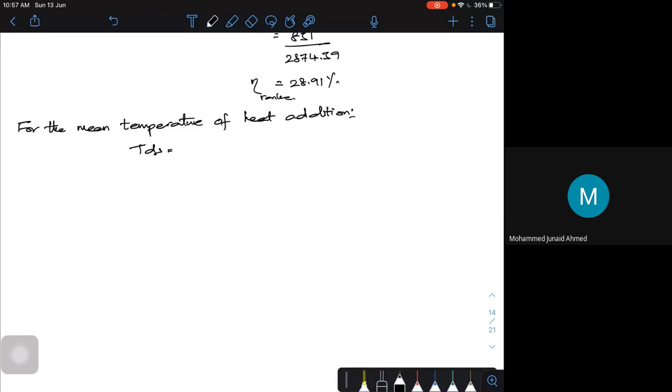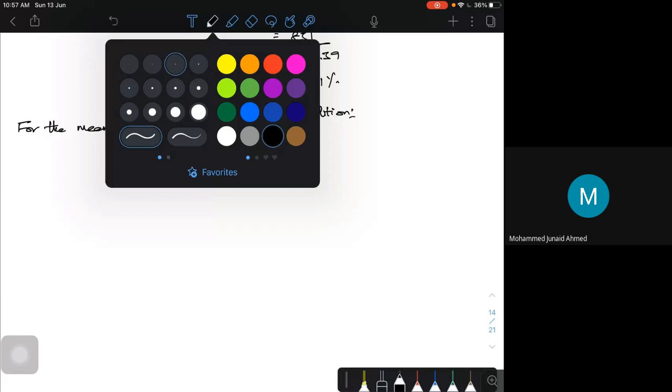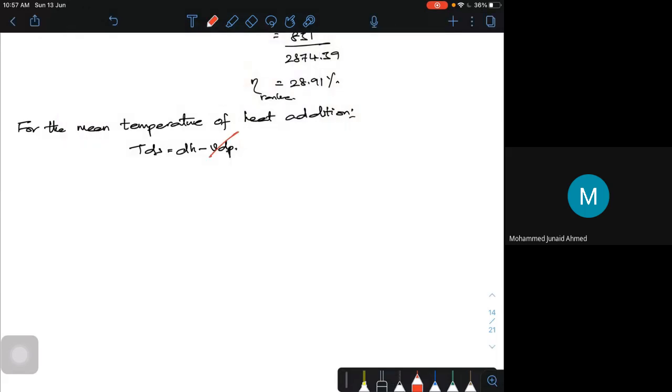TdS is equal to dH minus VdP. We know the pressure change is not there, so this term will go off. I am left with only TdS, that is your mean temperature.